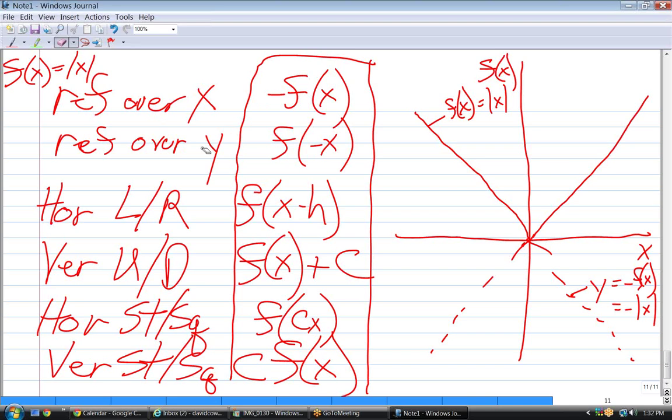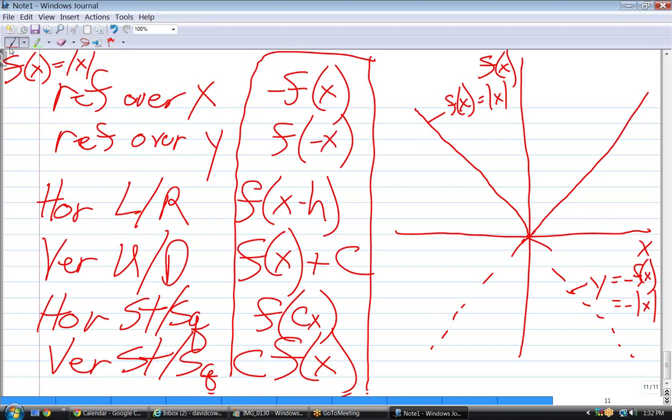Now, the reflection over the y-axis merely means we take this whole thing and rotate it about the y-axis instead of the x-axis. Well, you can see from this V that if I rotate it over the y-axis, I get the same function, right? You see why? Yeah. Doesn't change it at all.